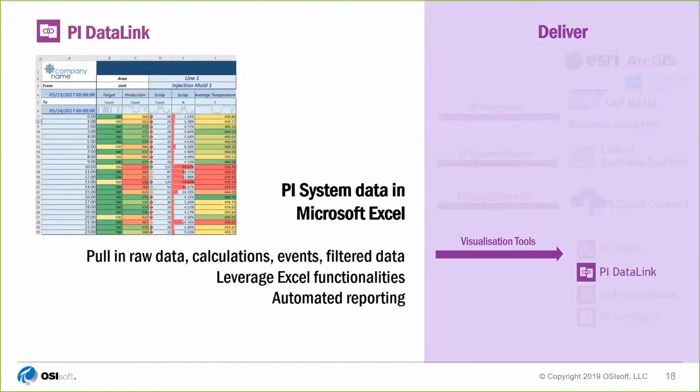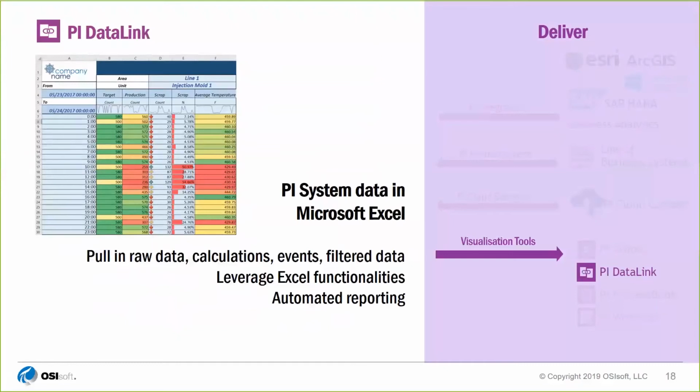Data Link is an add-in for Microsoft Excel, so it'll let you go in and build a report similar to what we're looking at here. It's good for data analysis, calculations, event tracking and analysis, reason code analysis, for tracking how often things happen, just doing overall reports, historical type reporting.